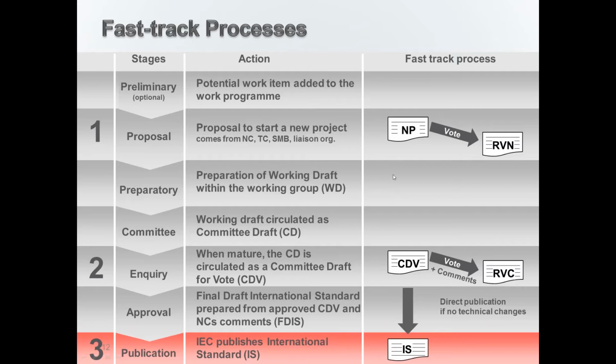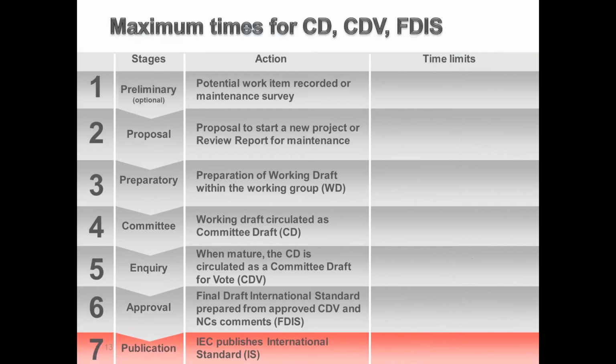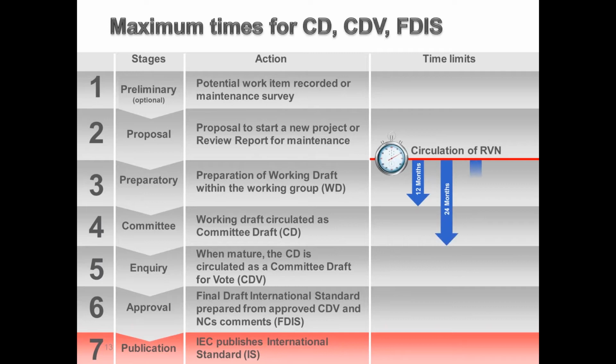There is a time limit of 12 months to circulate the CD, 24 months to circulate the CDV, 33 months to circulate the FDIS, and 36 months to publish the standard. These limits are monitored by the SMB, and if a project is exceeding these limits, the SMB would ask the secretary of the technical committee to justify why the project is delayed.